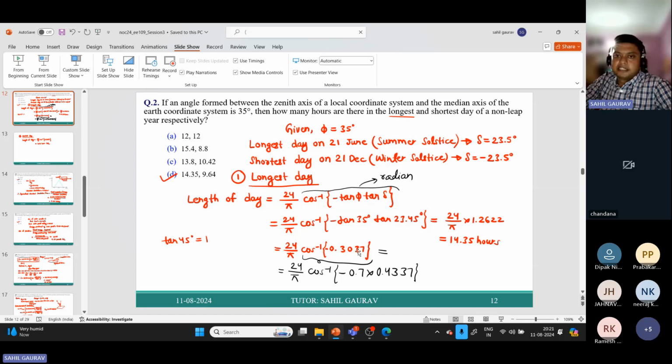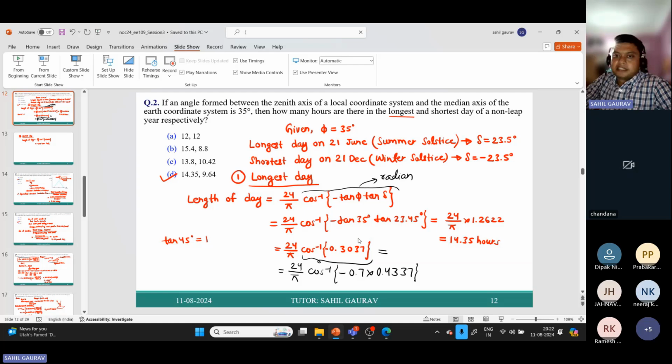And be careful about the degree and radian values, whichever calculator you are using. You can substitute the degrees into radians, 23.5 and 35 into radians, set your calculator in radian mode and put in all these values. You will get the answer directly in the number of hours.